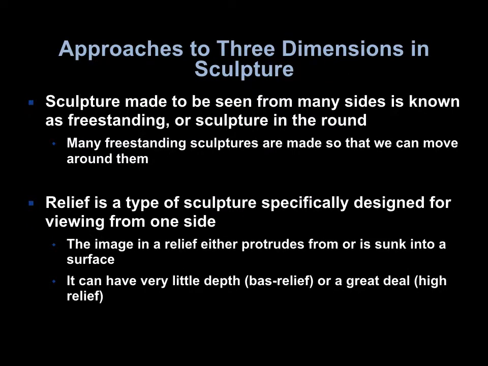There are two types of sculpture that we are going to look at in more depth here. One is called freestanding, which refers to sculpture that is meant to be seen from multiple angles. This can also be called sculpture in the round. The other type is called relief, which refers to sculpture that is meant to be seen from only one angle.